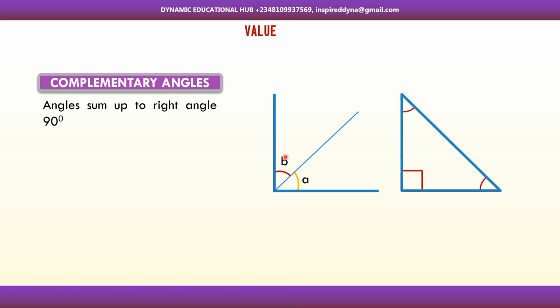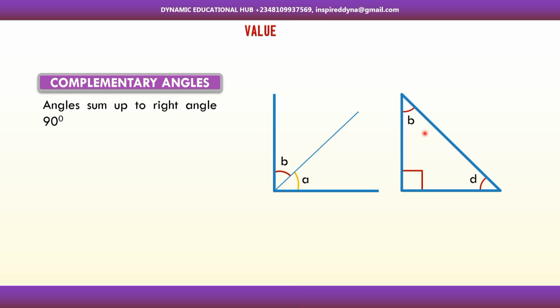The same thing applies to a right angle triangle. Remember, for a right angle triangle, one interior angle would be a right angle. That is why we call it a right angle triangle. This angle is 90 degrees. So when you add the other angles together, you should get 90 degrees. I have it in trigonometry.